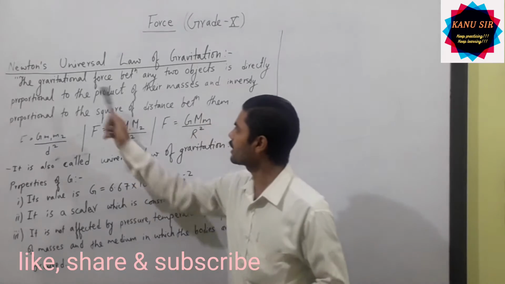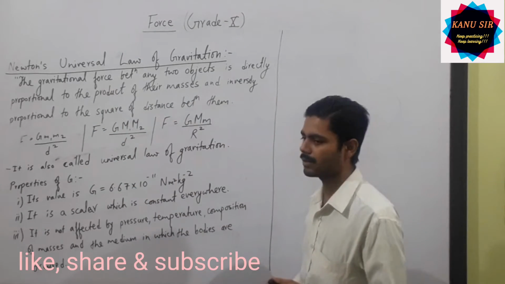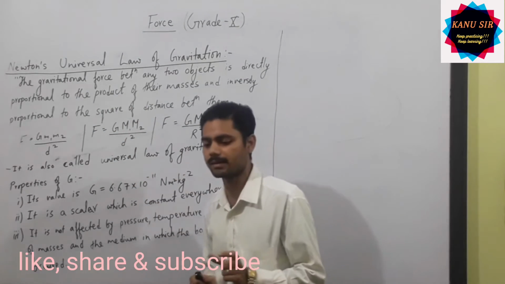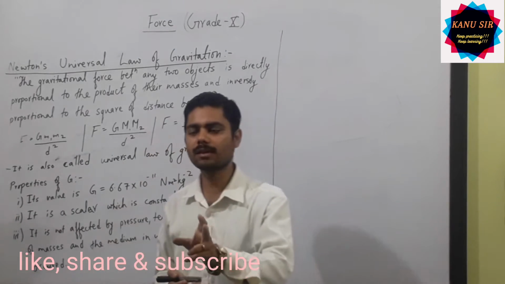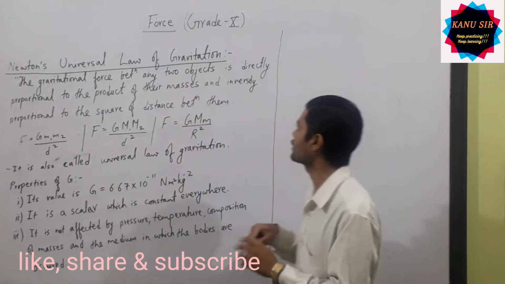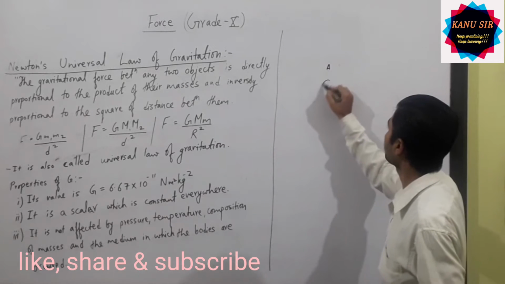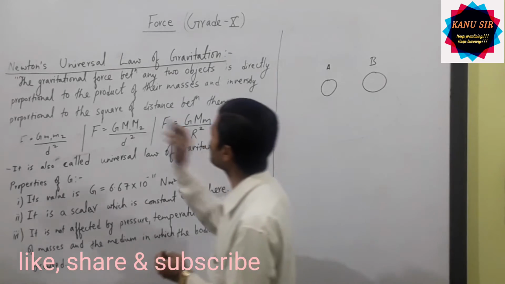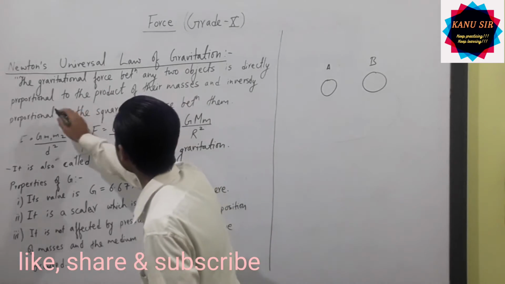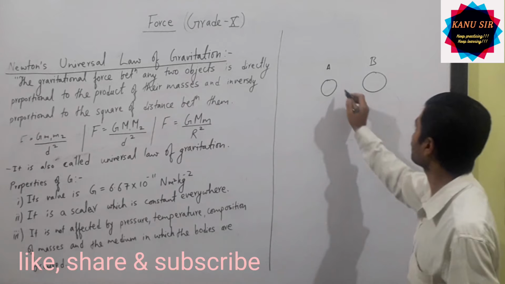It means that there is a gravitational force between any two objects. We can take the example of all the objects in the environment, but let us take just two objects, object A and object B. The force of gravitation between them is directly proportional to the product of their masses.